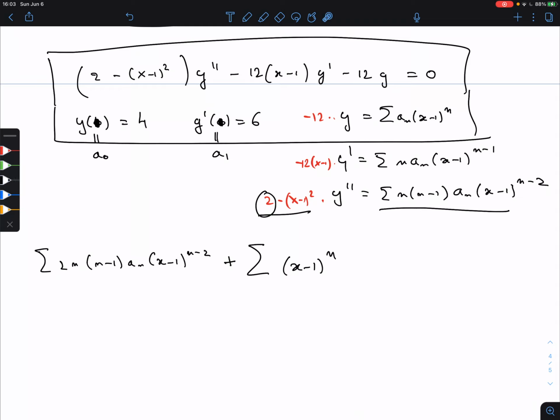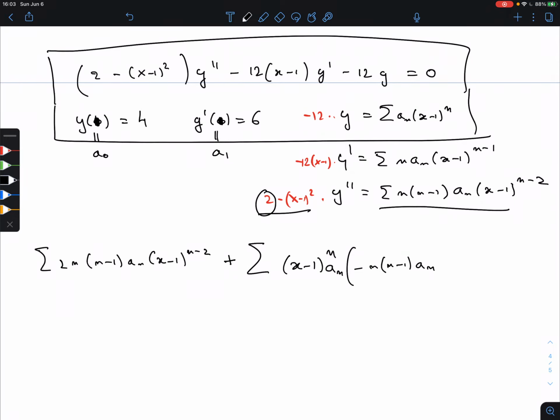So I repeat, because I have multiplied here with x minus 1 squared, this n minus 2 plus 2 will make it n. So what we have is just this coefficient times minus 1. Don't forget there's a minus 1 there. So we get minus n times n minus 1 a n. Oh, and this also all contains a n. So I can also factor out a n here.